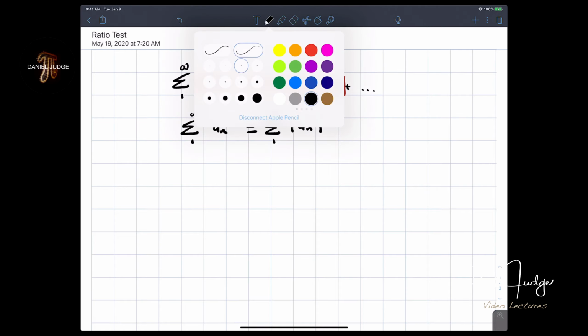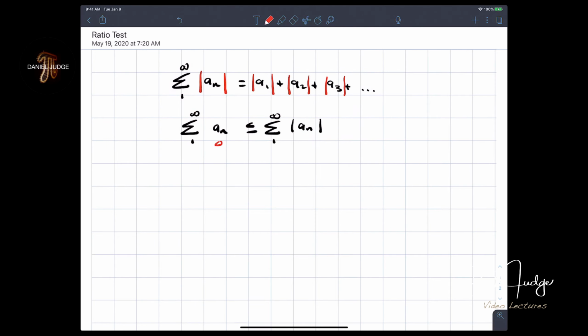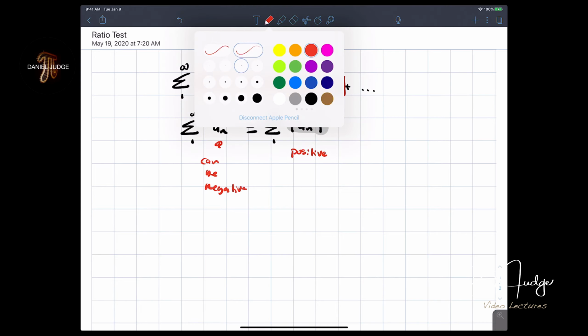So here some terms can be negative. All right. And what we just did over here by taking the absolute value is that we force the terms to be positive here. So now they're positive. And this is going to be a big deal.